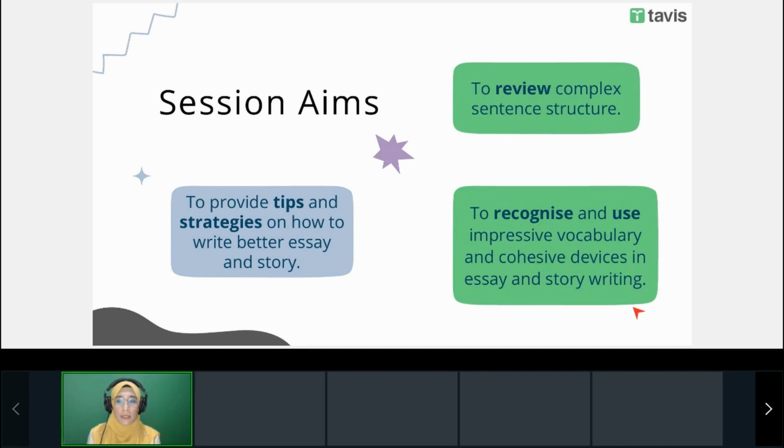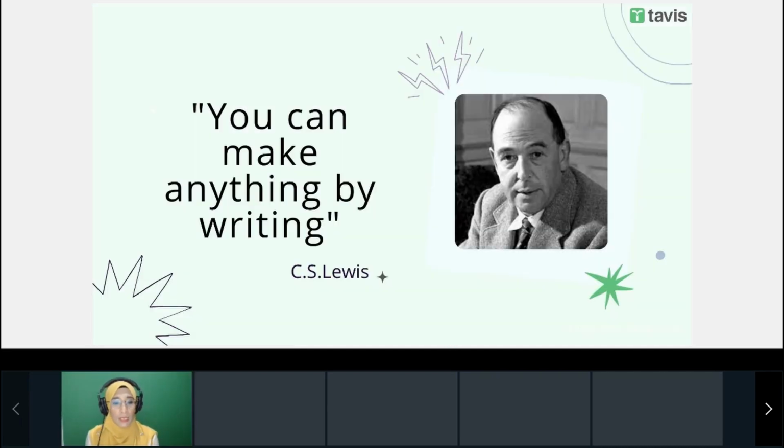Now let's take a look at a quote. This is a quote by C.S. Lewis. I love to use quotes when it comes to writing, because it gives quite a different meaning from just a simple statement, and it gives you an added bonus for your content and your language as well.